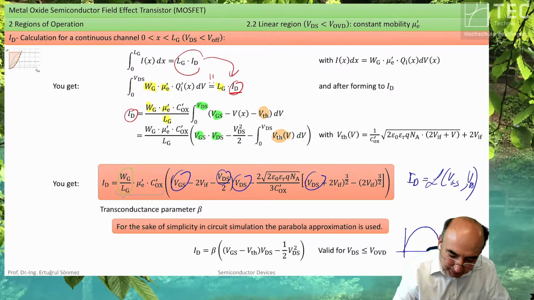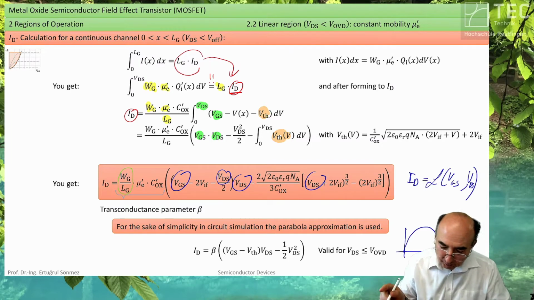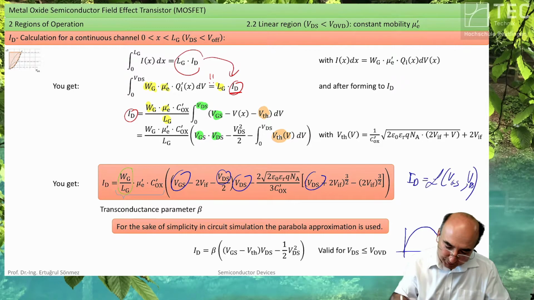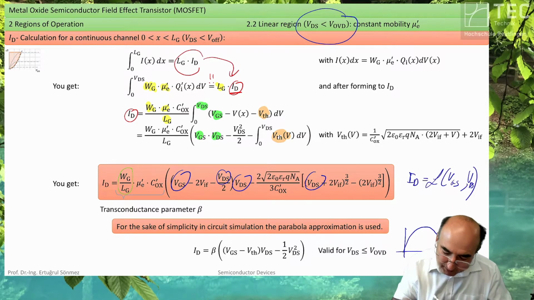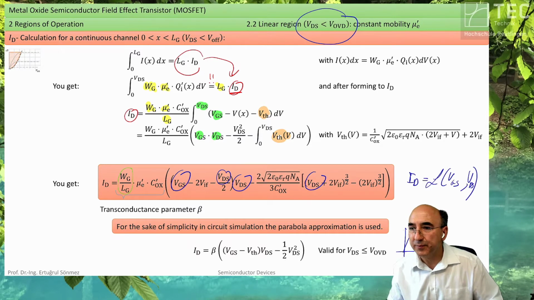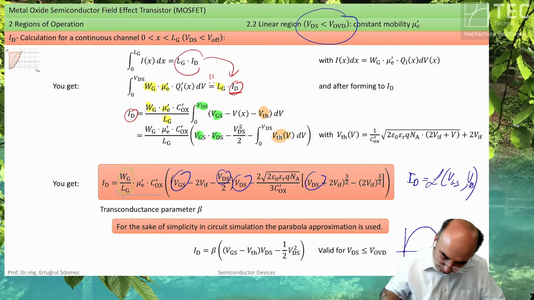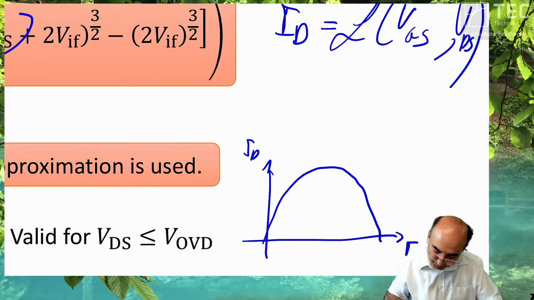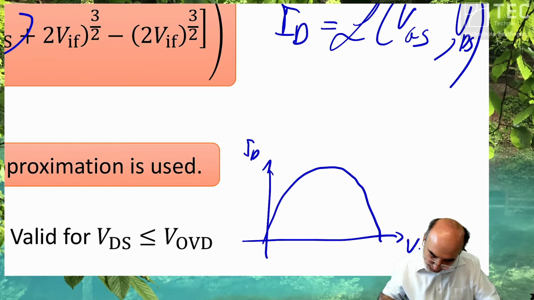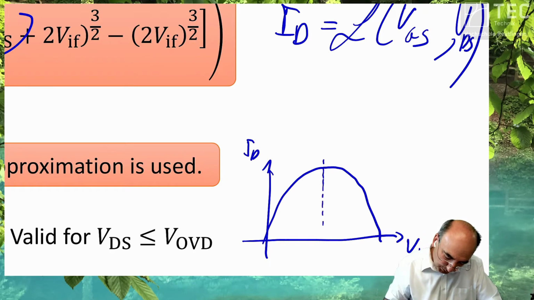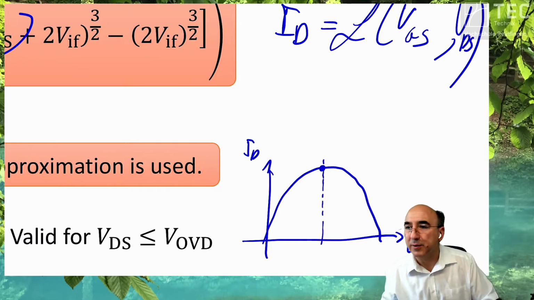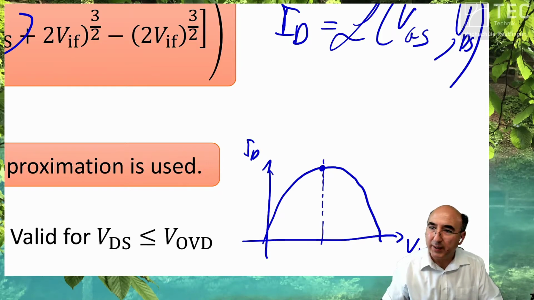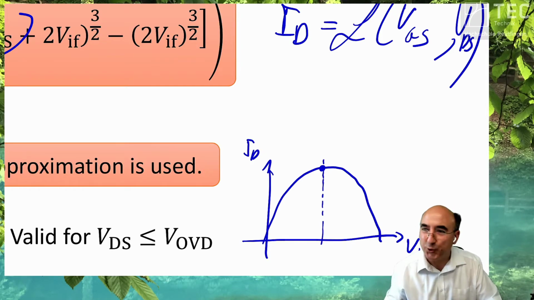And the validity, so the voltage area where this equation is valid, is for VDS smaller than V overdrive. That means the simplified equation is only valid towards this tip of this paraboloid.